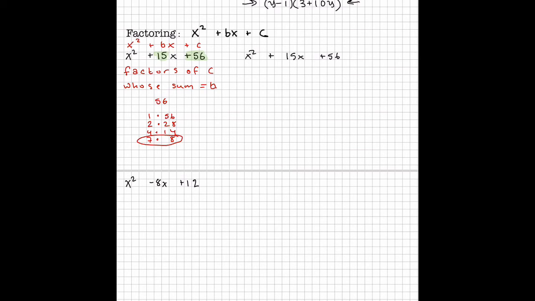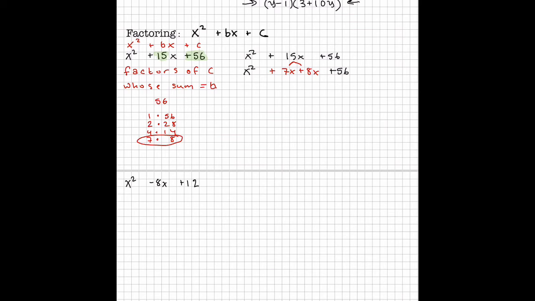And we're going to use those factors that we found to create an equivalent expression, but it's going to be expanded. So here we've got plus 7x plus 8x. So there's the 15x broken out, plus 56. It didn't matter if I put 7x plus 8x or 8x plus 7x.